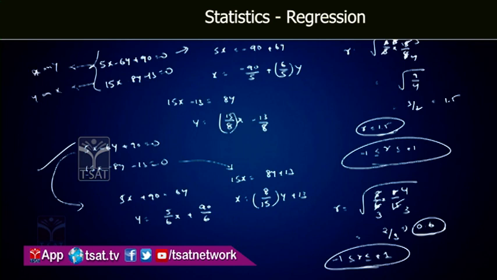Okay. Third question: is it possible for two regression lines to be y is equal to minus 1.5x plus 7 and x is equal to 0.6 plus y? In our regression coefficients byx and bxy, we have discussed one property: both have to have the same sign.